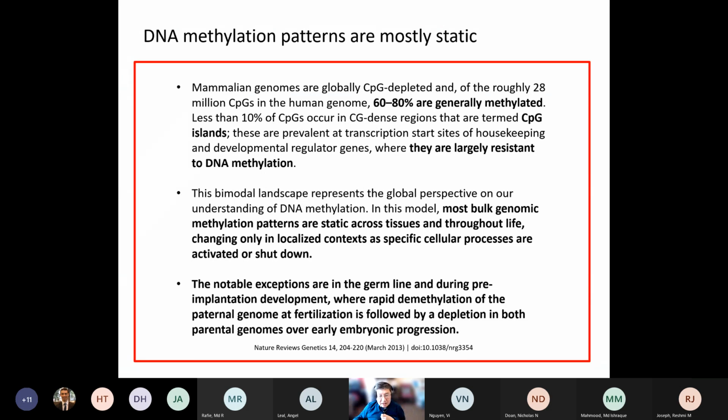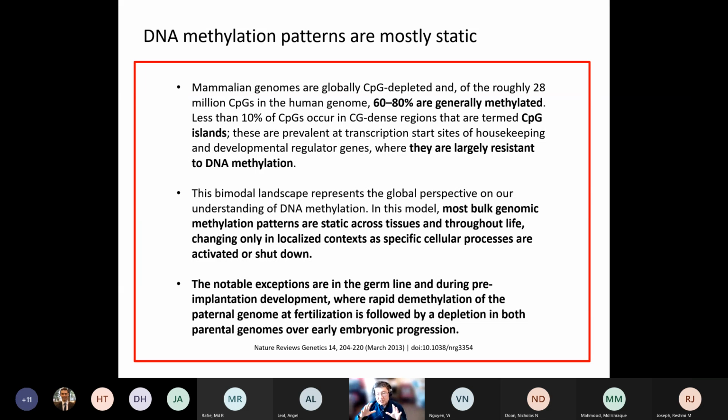However, in the CpG island, and also in the germline and during pre-implantation development, we see rapid demethylation of the paternal genome at fertilization. And then that is followed by depletion in both parental genomes during early embryonic progression. So we're going to have that in a couple of slides later.